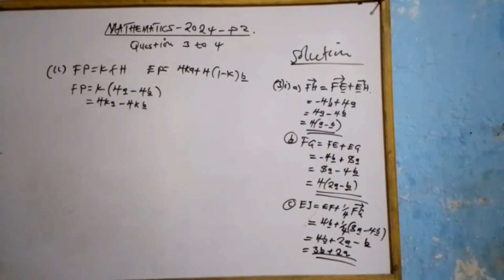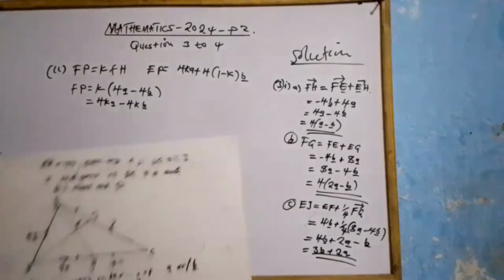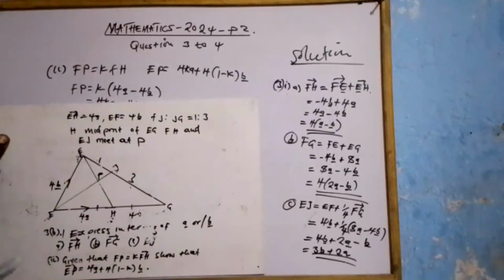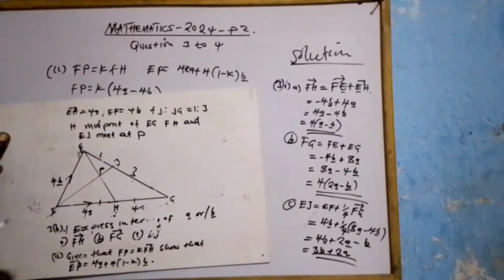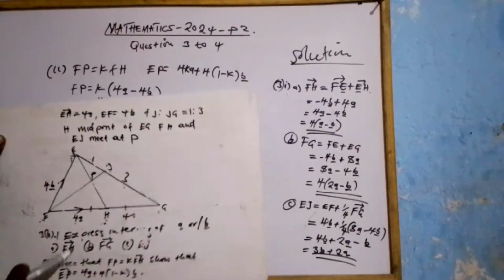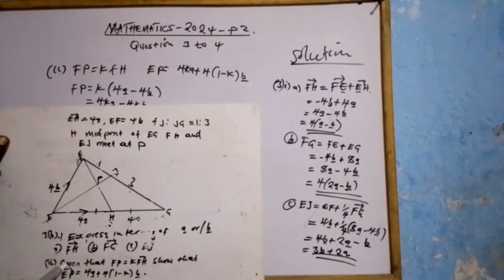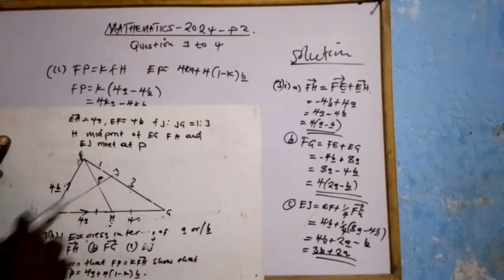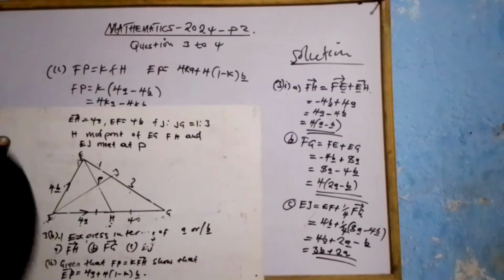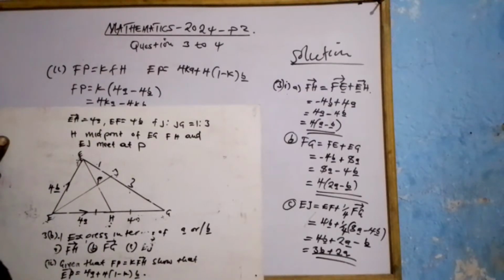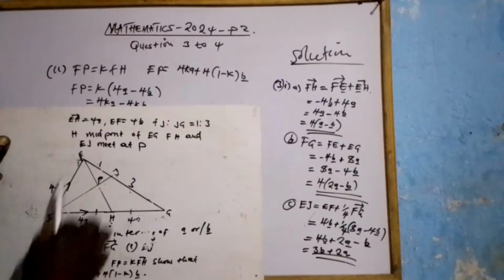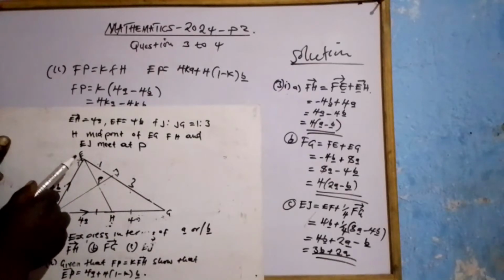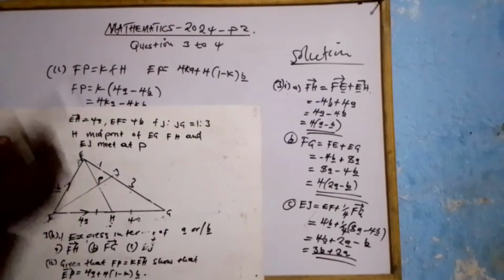Now from this diagram which we have here, I hope you can see, vector EP is equal to EF plus FP.